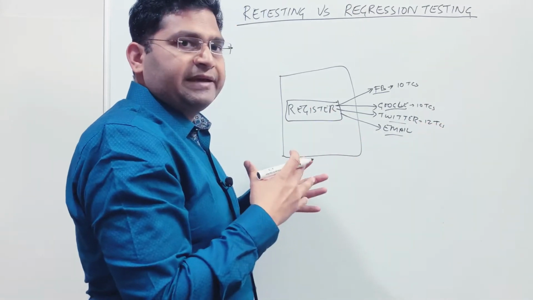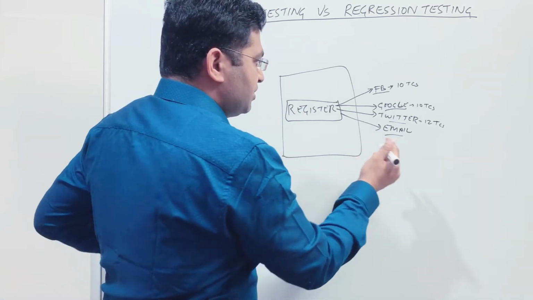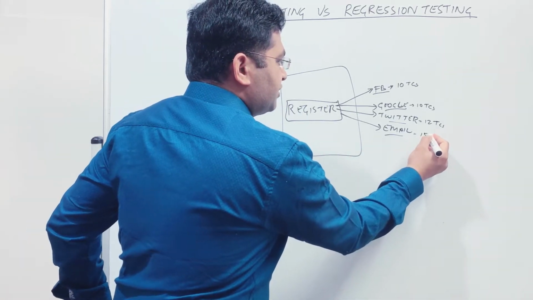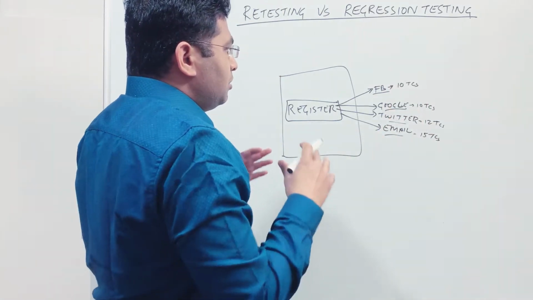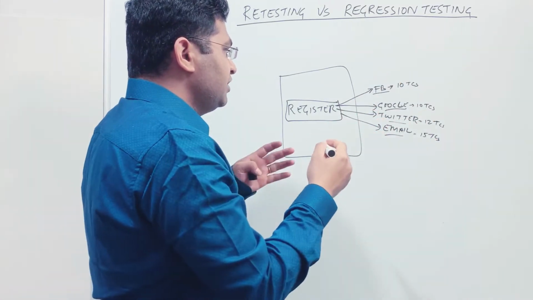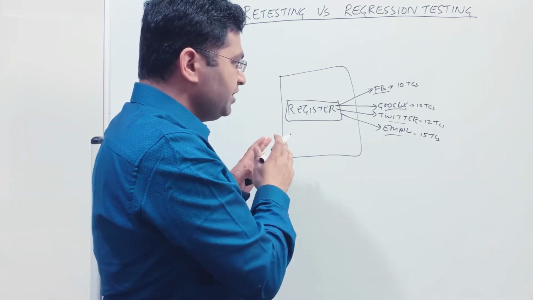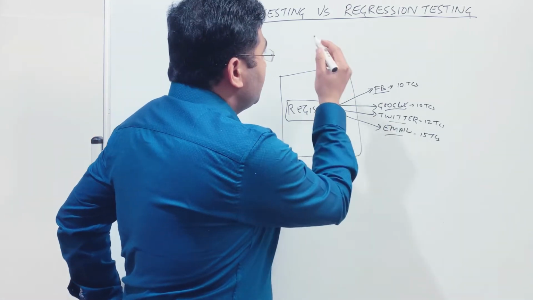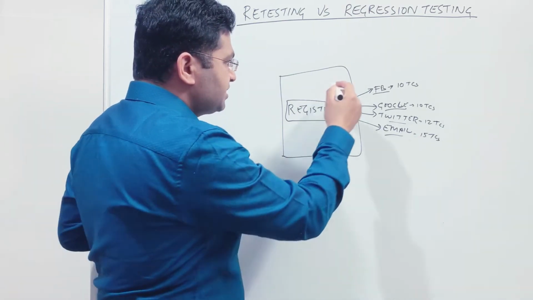Maybe Twitter has some additional functionalities that need to be verified. And for email, say you have 15 test cases written. Altogether these are the test cases that you need to verify for the register functionality of the e-commerce portal.